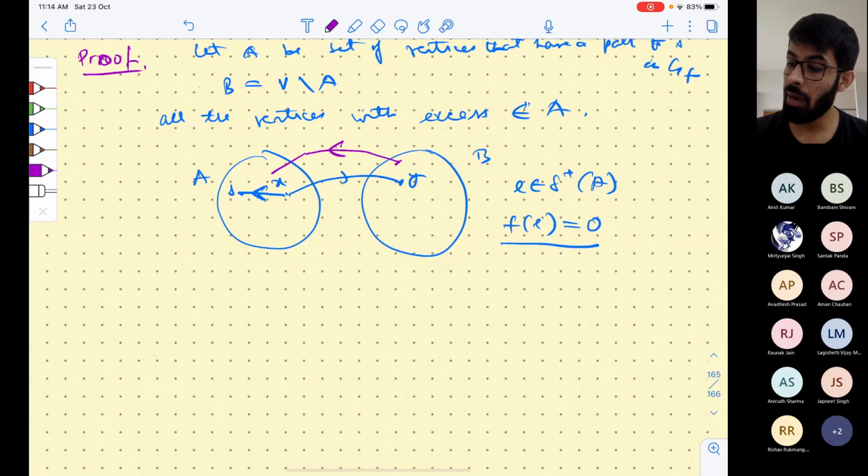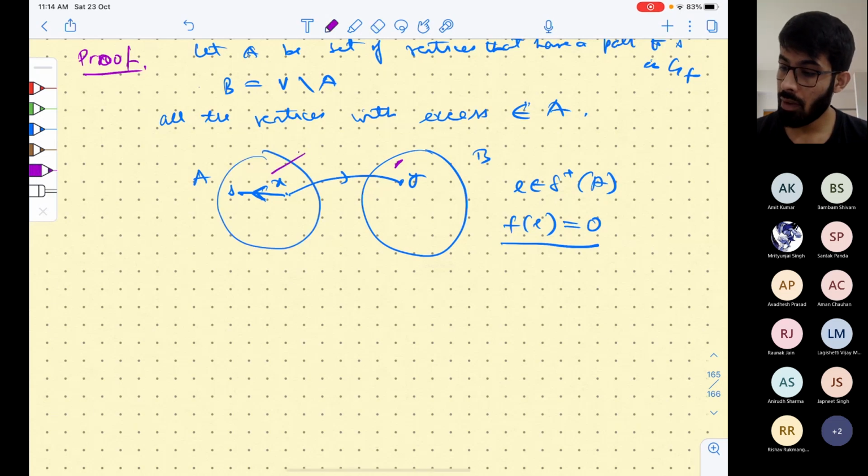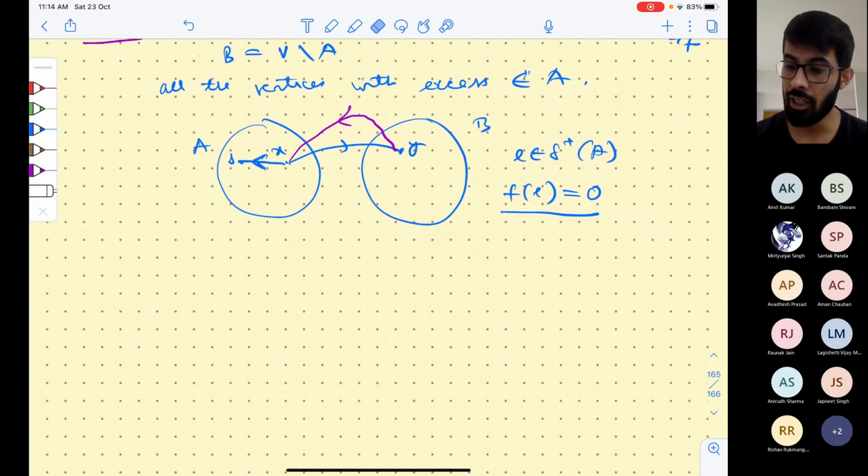And then that backward edge would mean that Y would also belong to A. Let me draw it like this. The backward edge would be like this, and that would mean that Y also belongs to A. That would be a contradiction, right?